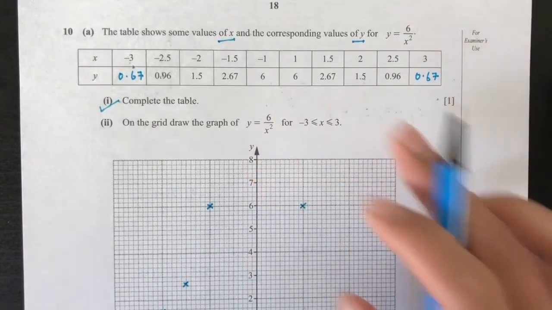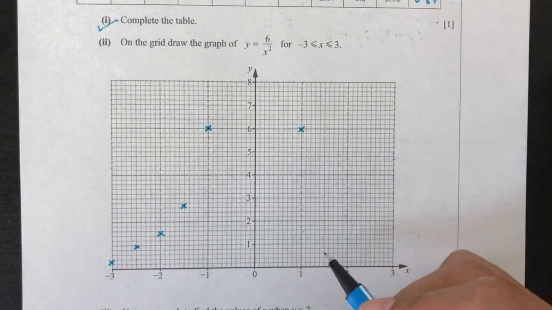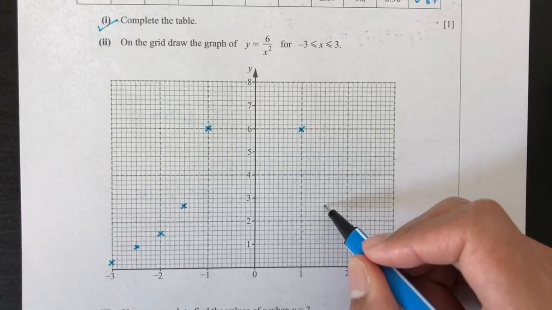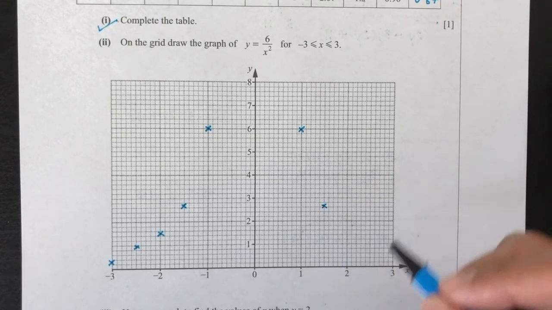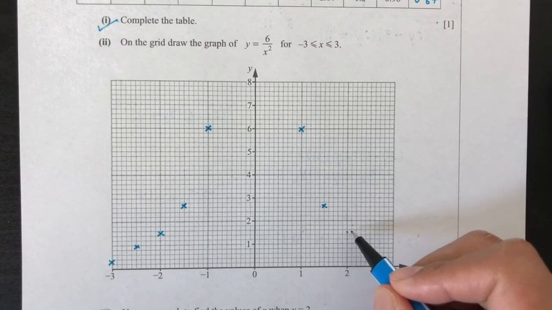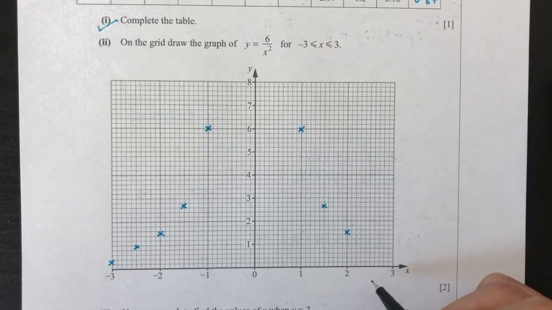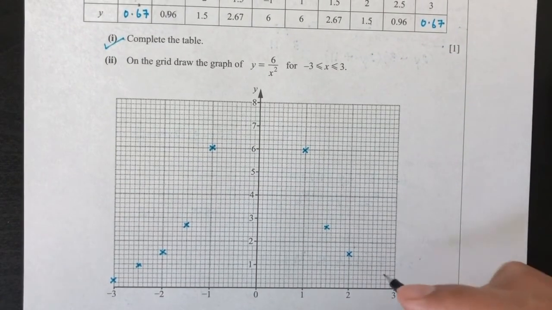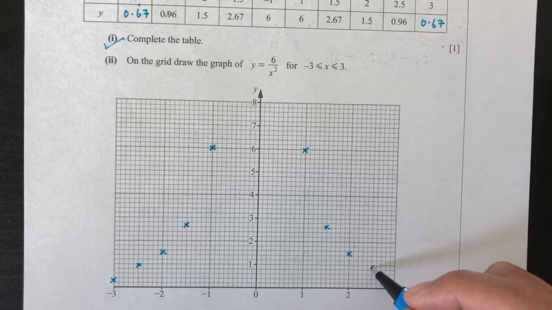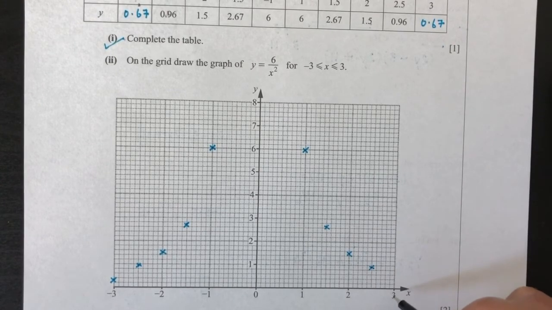Now for this one, 1.5 will be the same, 2.67. So 2.67 will be about here. And then 2 will be 1.5. Then 2.5 will be 0.96. And then 3 will be 0.67. Sorry, this is 0.67, so 0.67 will be about here.